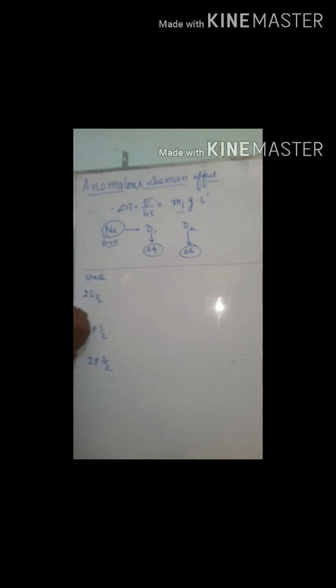Obviously for these states, 2s plus 1 is equal to 2, so s is equal to 1/2. For S, L is equal to 0 and j is 1/2.